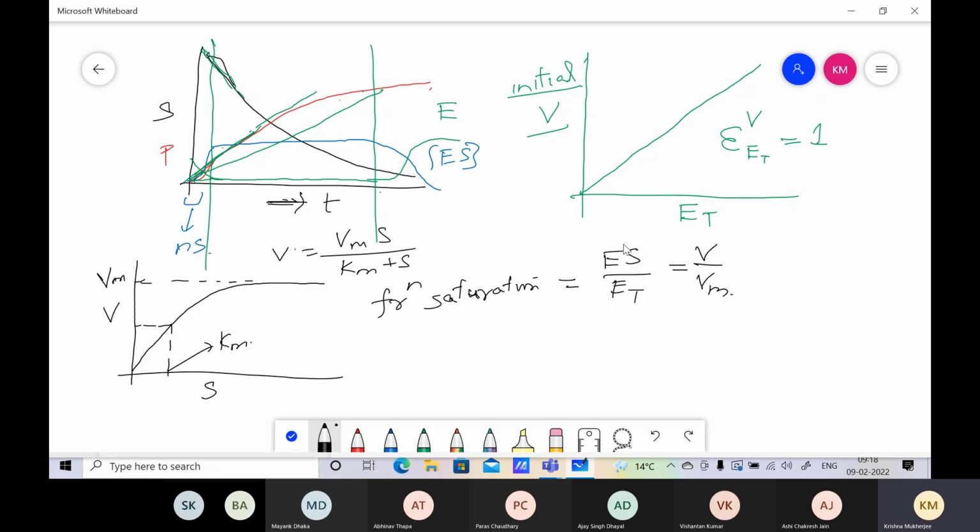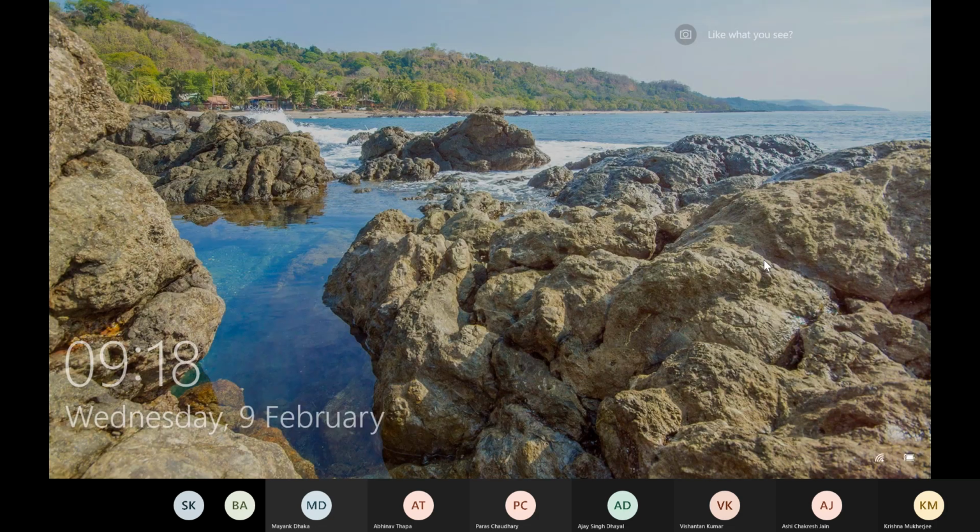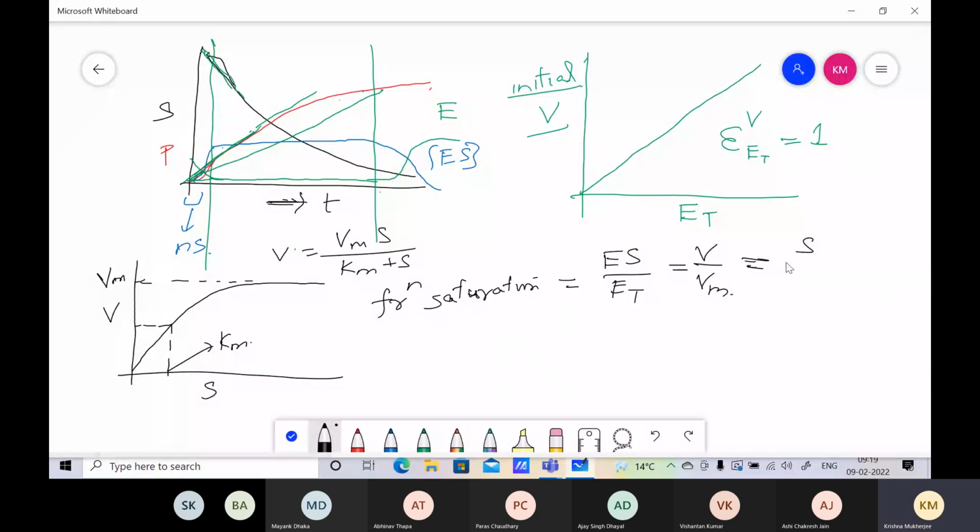ES is the amount of enzyme which is saturated, and ET is the total amount of enzyme. So the fractional saturation is ES by ET, which is also equal to V upon Vmax, which by simple algebra becomes also equal to S upon Km plus S. Correct?